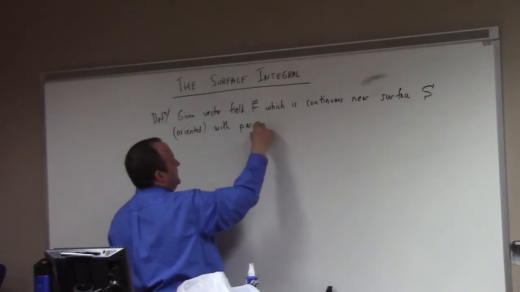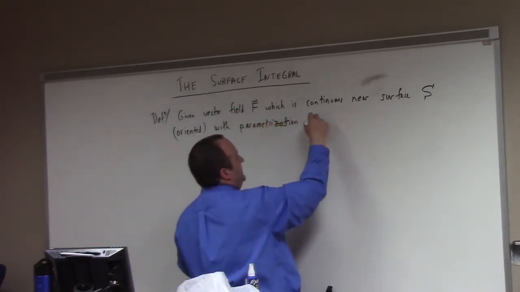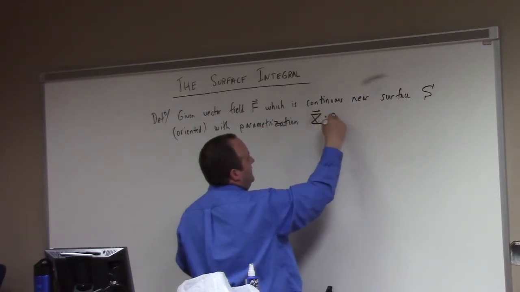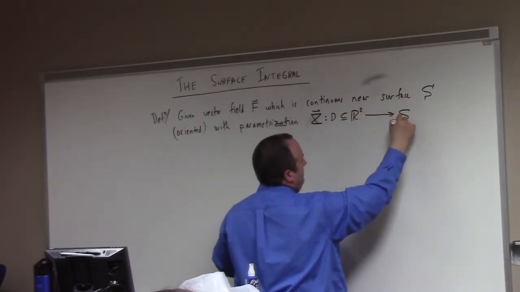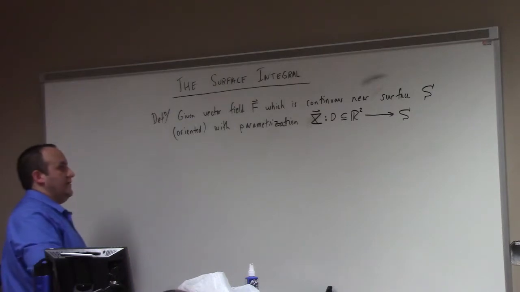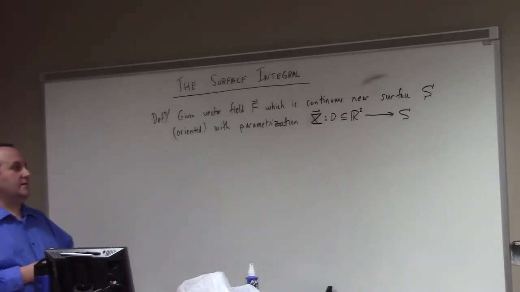How do we parameterize a surface? We use something like R. Well, I often use a big X here, so I'll use that. Big X vector. This is a mapping from a domain, which is a subset of R2, to S. So we have a parameterization, big X, of the surface.